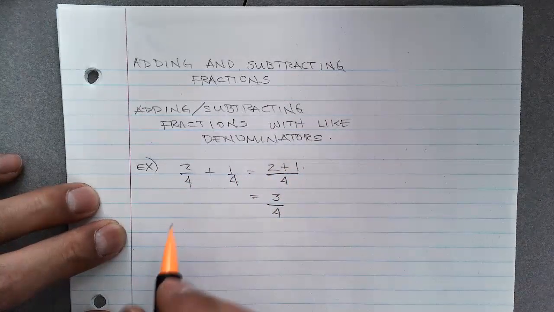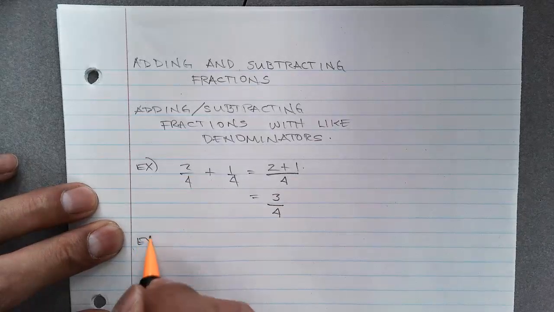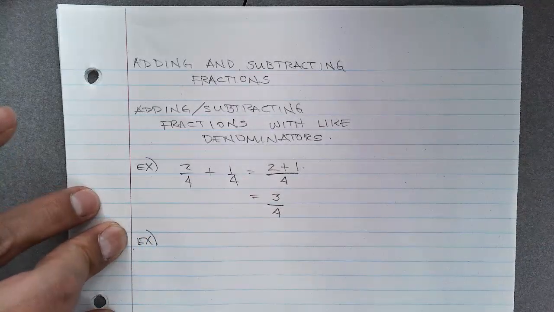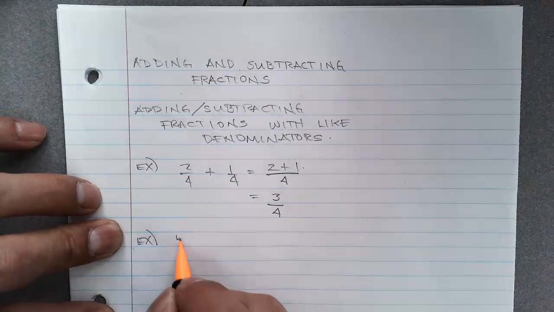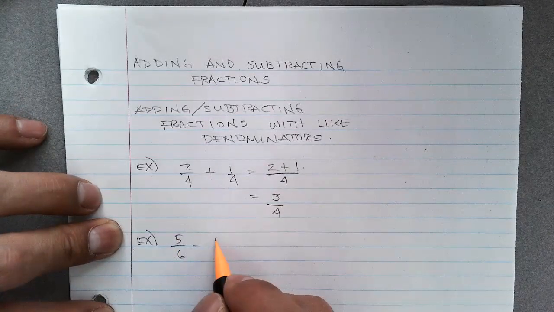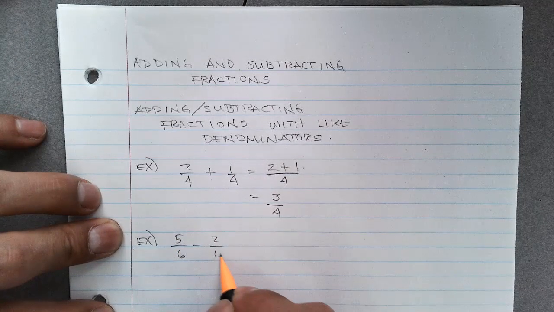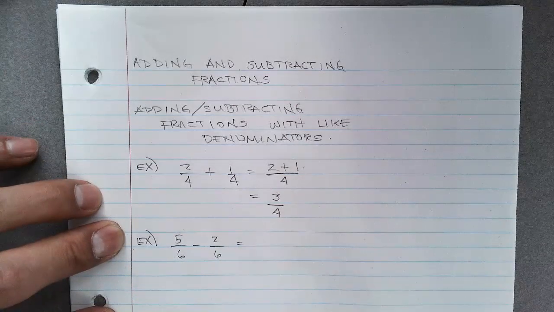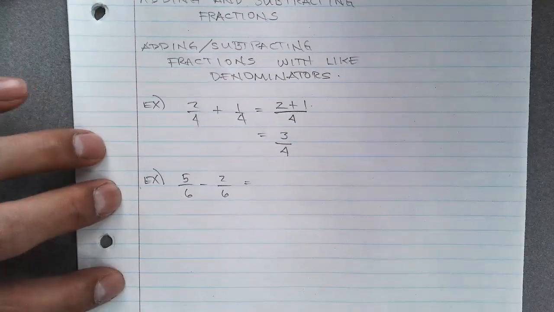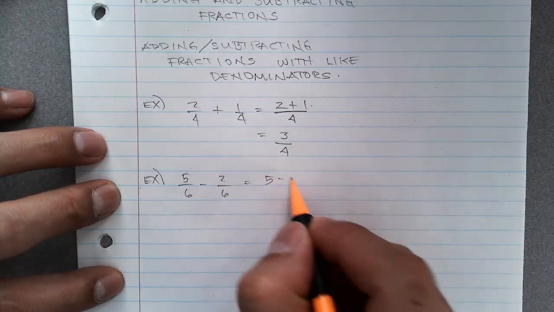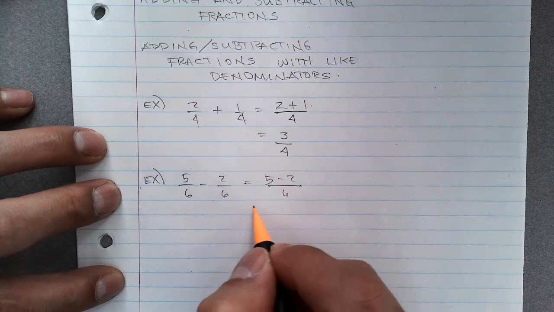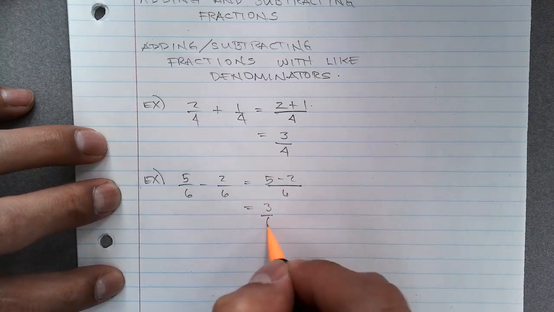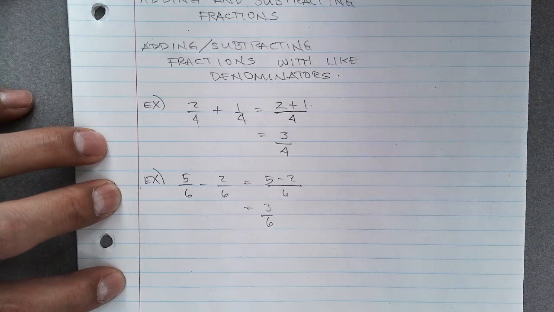Okay, so let's do another example. If it's subtracting, so let's say 5/6 minus 2/6. Notice that the denominators are also the same here, so you can just go ahead and subtract the numerators like so.